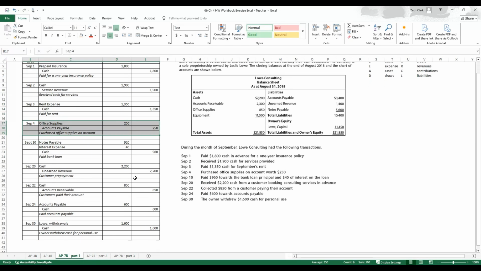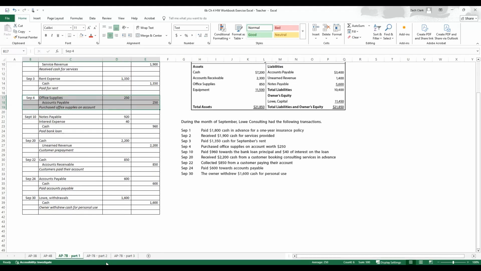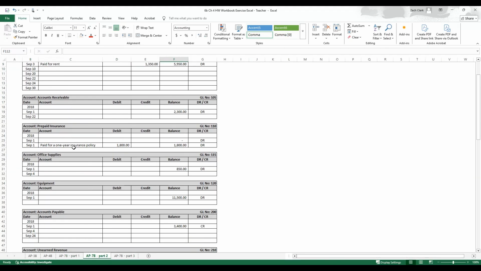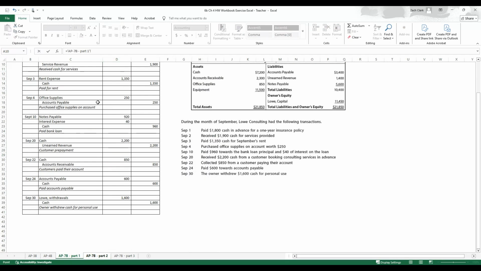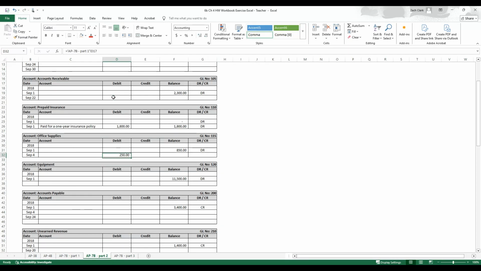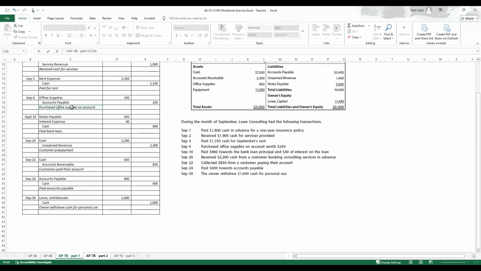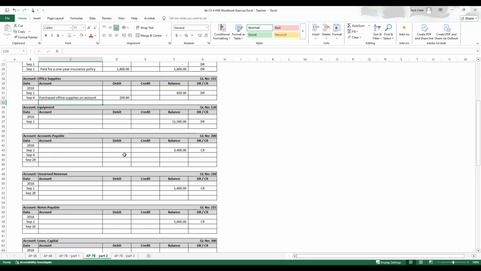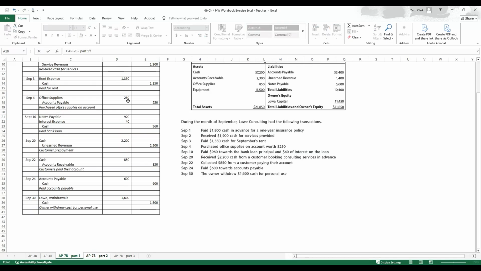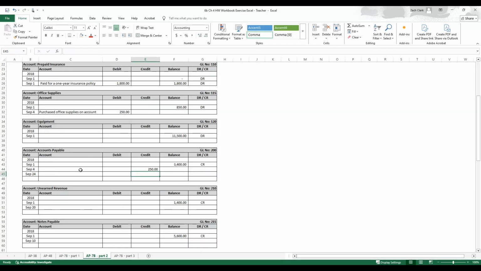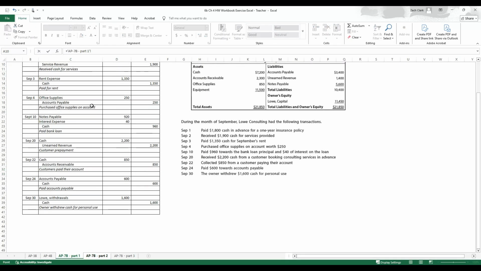Okay, let's go to our next journal entry. So office supplies and accounts payable. We increased office supplies, and this was on the 4th. So we had a debit to office supplies here. Link our explanation. And then accounts payable was the other part of the entry there. The credit, let's put our explanation over.